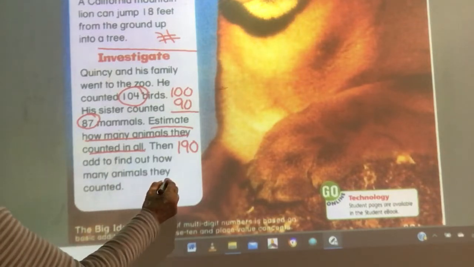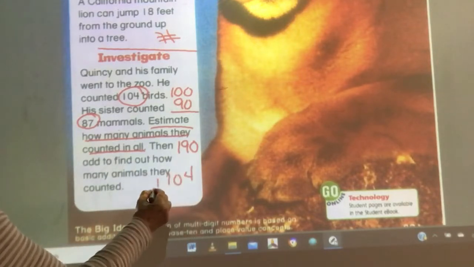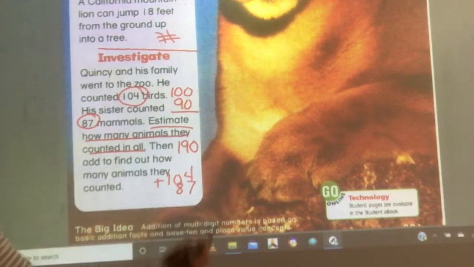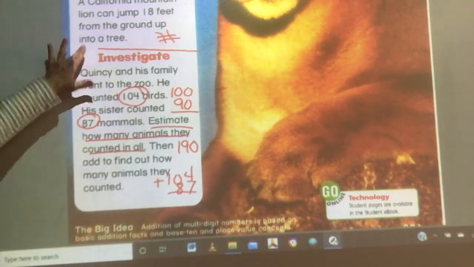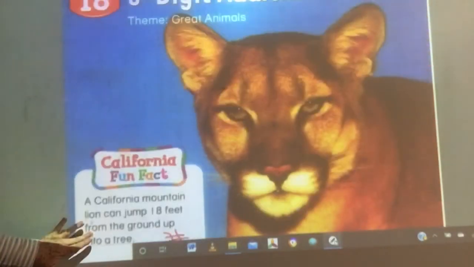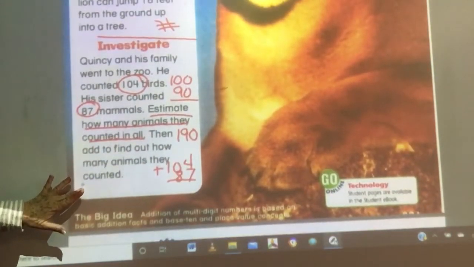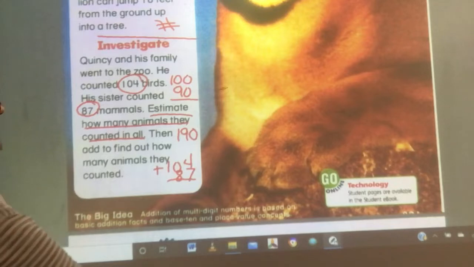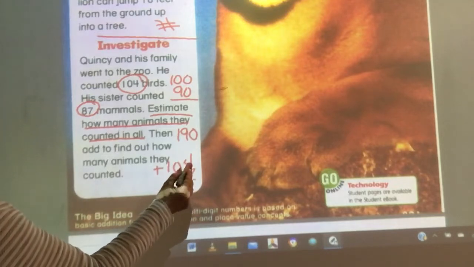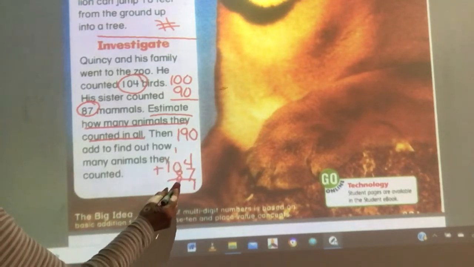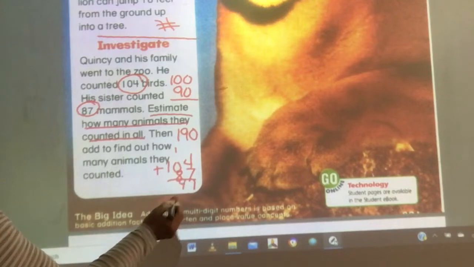And then if you add that, let's see how close we are. We're going to be getting into estimating, I do believe. I'm trying to find where it explains that. But anyway, 7 plus 4, 11. 8 plus 1, 9.